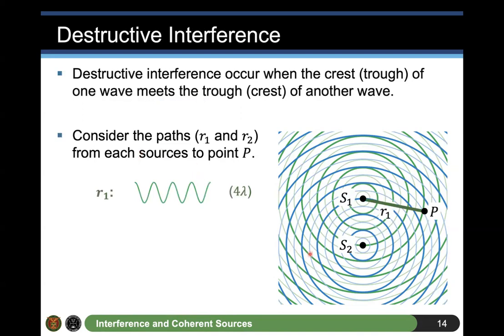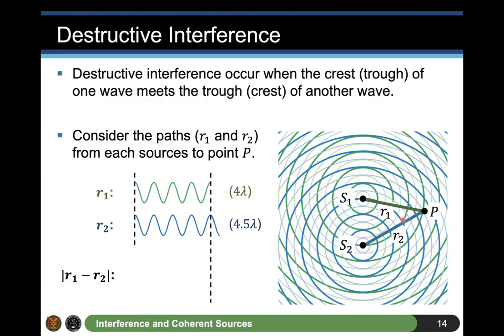So, bilangin ngayon natin ano yung lambda. So, meron tayong 1, 2, 3, 4 lambda from source S1, siya yung green. From S2, we have 1, 2, 3, 4.5. So, 4.5 times the wavelength. If we take the path difference, mayroon tayong may iwan na 0.5 lambda.